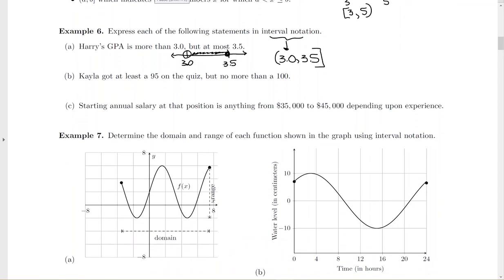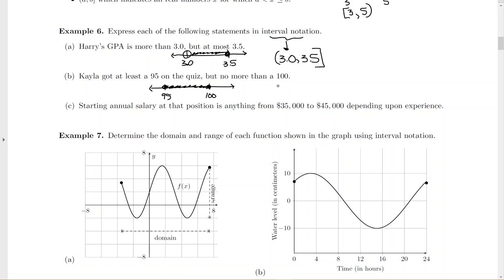For this one, Kayla got at least 95 on the quiz. So she potentially got 95. That's a filled in, but no more than 100. So the question is 100 open or filled in? Well, she could get 100, but she can't go bigger than 100. And it's all the scores in between.